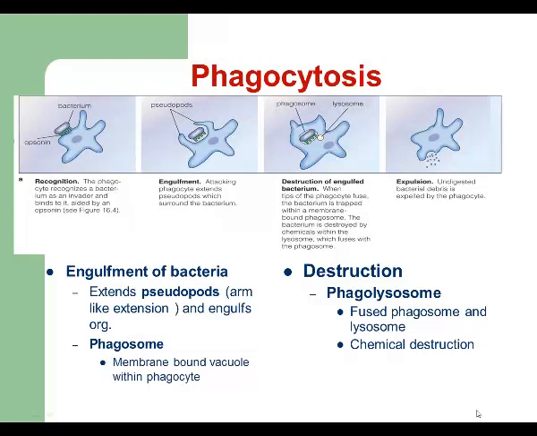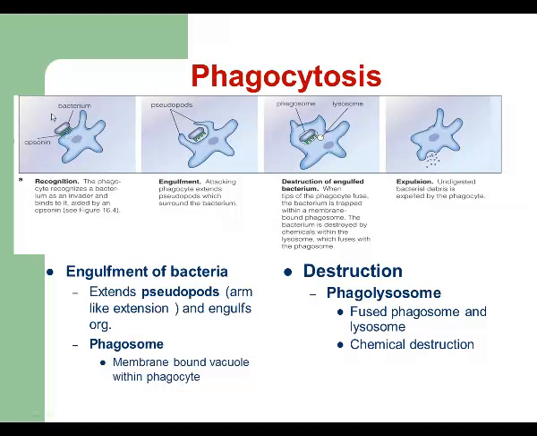Alright, on this next very nice slide, you see the pictures that cover all 4 stages of phagocytosis. The first step is called recognition, and you see some kind of bacteria, opsonin, and phagocyte. It already recognized that pathogen and attached to the surface of that pathogen through the opsonin.